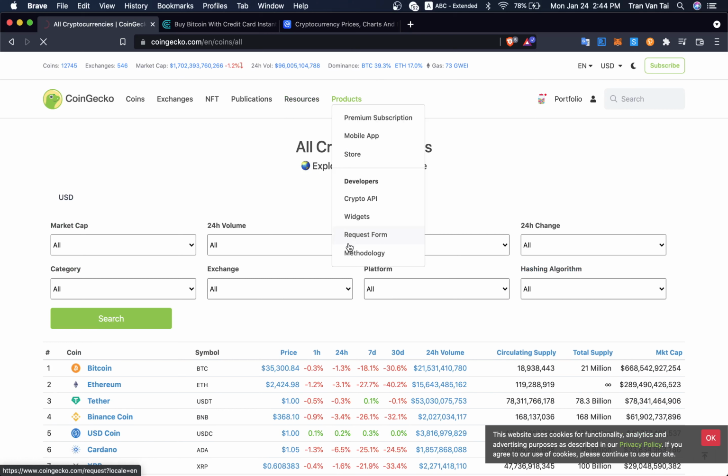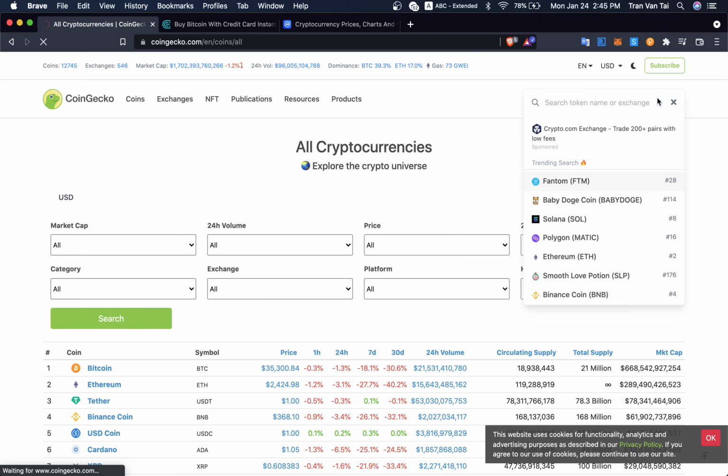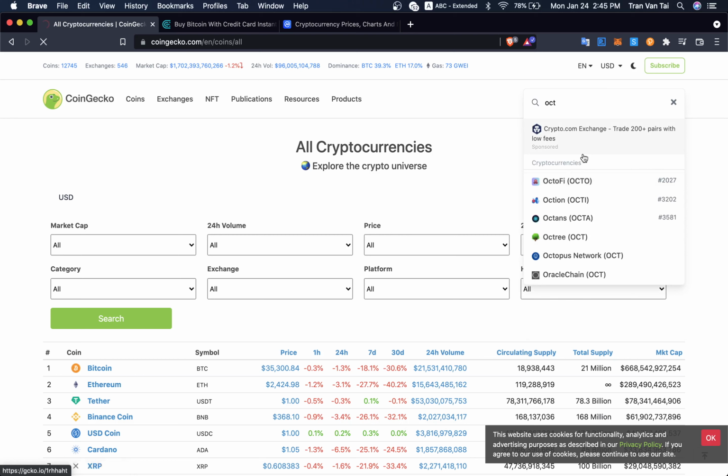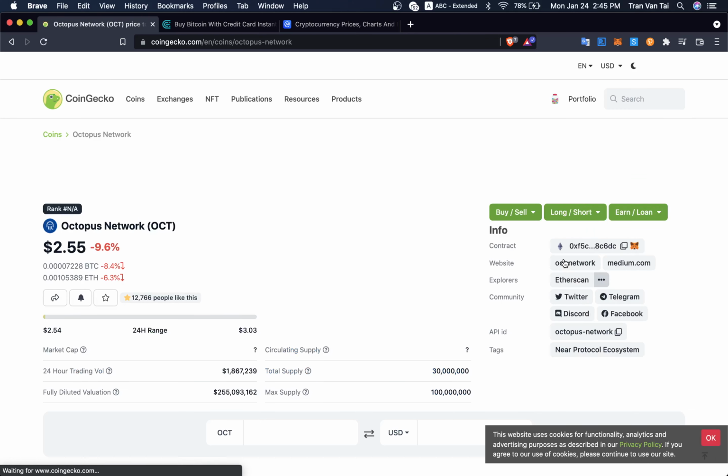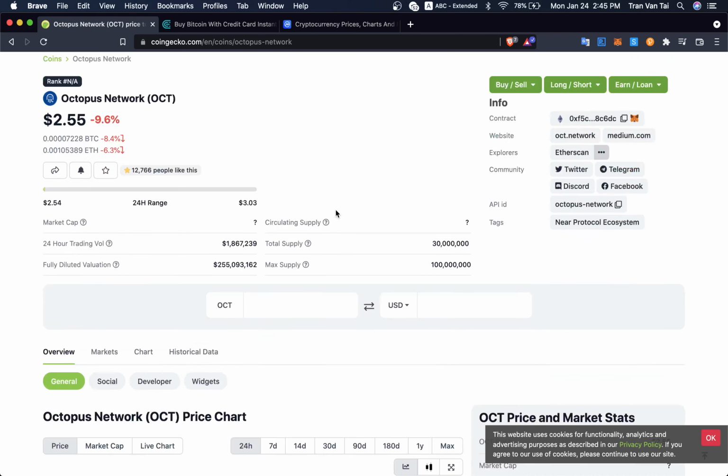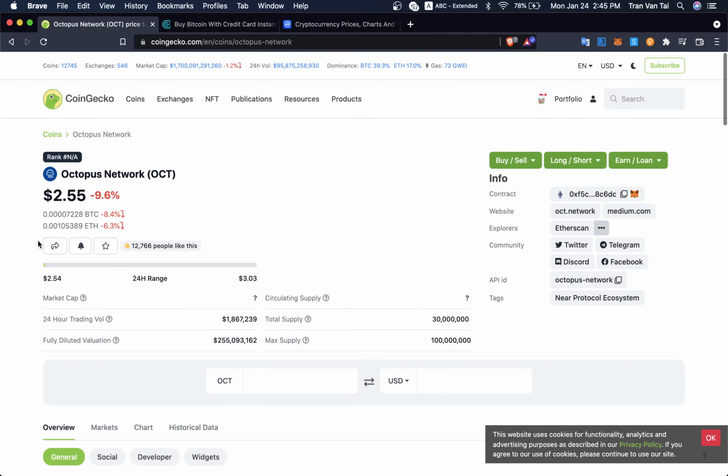Now I will show you some specific information for certain tokens. It will list all the information for us about this token: market cap, 24-hour trading volume, fully diluted valuation, circulating supply, max supply, and total supply currently.